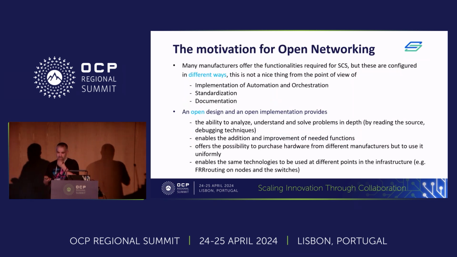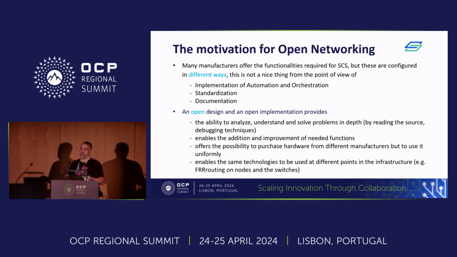technologies. So, what is our motivation for open networking? When you use the traditional vendors of data center switching hardware, you have many different network operating systems. They behave differently but provide a lot of features which are comparable. But from our perspective, it's not ideal because in a cloud service provider environment, automation and industrialization is key.